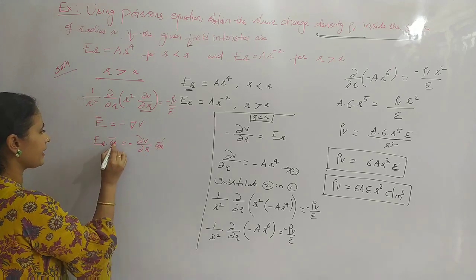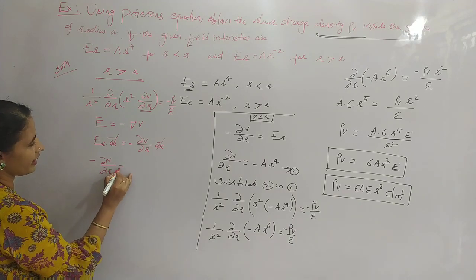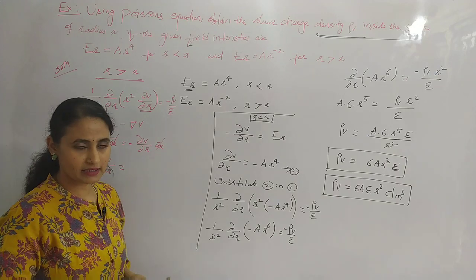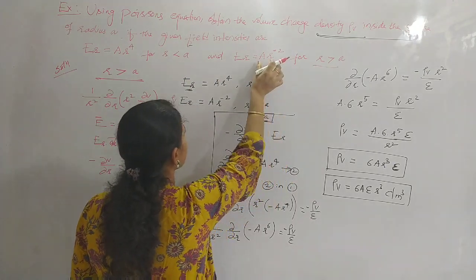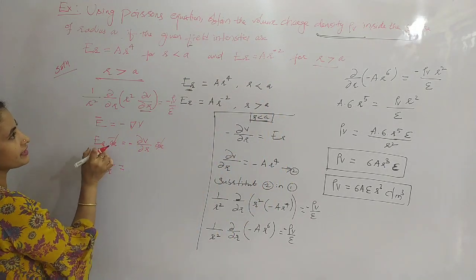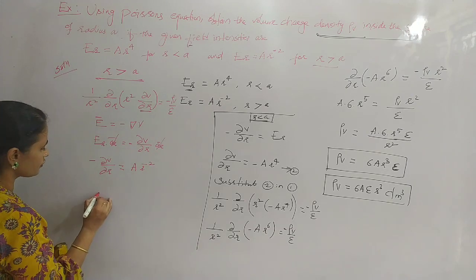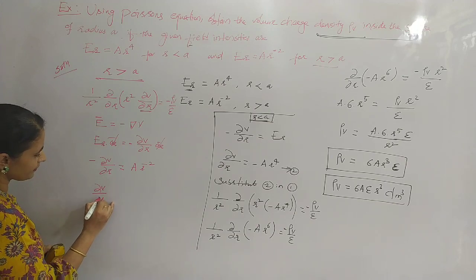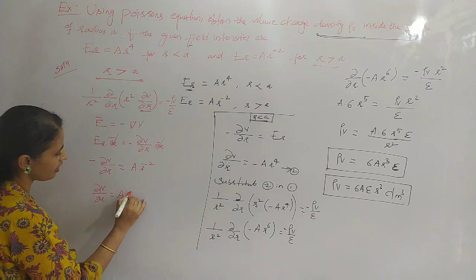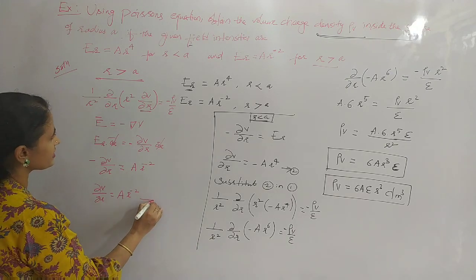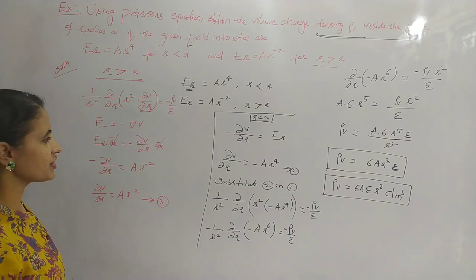So AR is cancelled, and minus dou V by dou R can be written as ER. For R greater than A, the electric field intensity is a R power minus 2, so dou V by dou R is a into R power minus 2. Let this be equation 3.